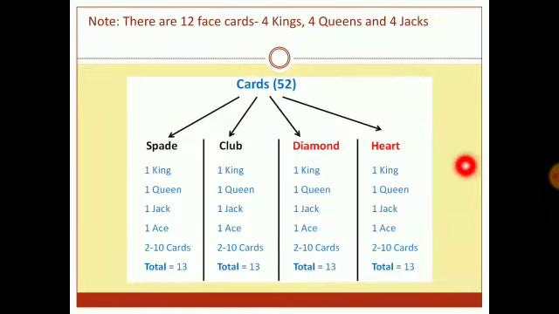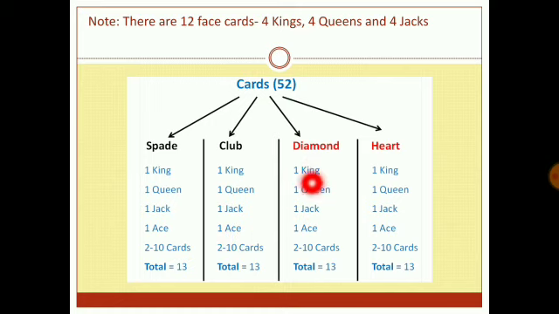I just repeat, we have 13 spade cards, we have 13 club cards, 13 diamonds, and 13 hearts. These 13 cards contain 1 king, 1 queen, 1 jack, 1 ace, and 9 cards from 2 to 10. Similarly, the 13 club cards comprise of 1 king, 1 queen, 1 jack, 1 ace, and 9 cards from 2 to 10.